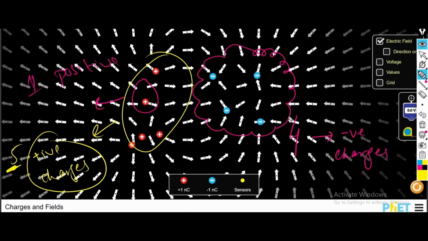This is plus 5 and this is minus 4. So this is the concept of quantization of charge.